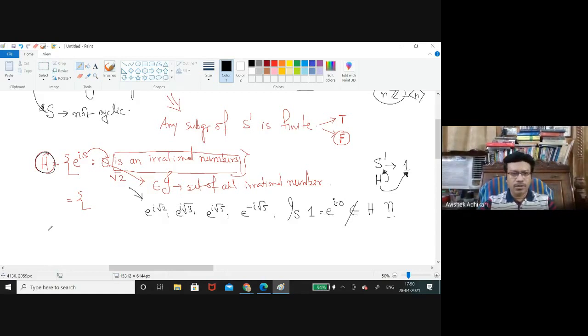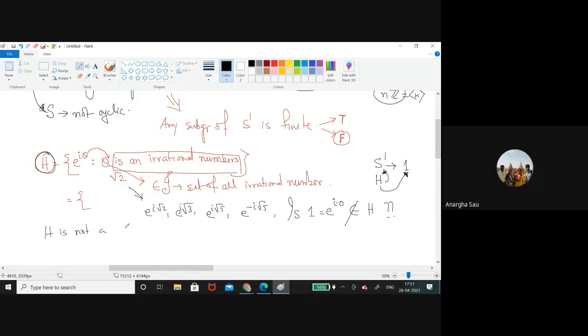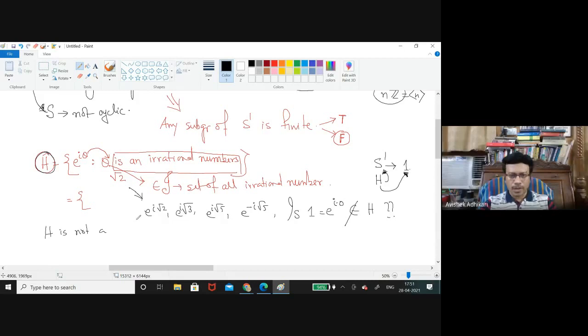The H that you have just now constructed, but it was really a very good try. Very good try. Sir, if I call H union 1, it should be a subgroup. Okay, let's see. If I consider H union 1, according to him, it will be a subgroup.